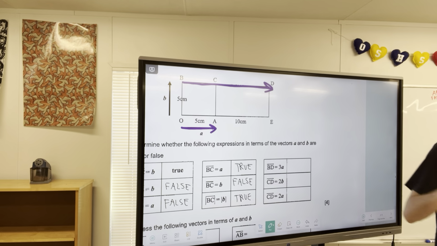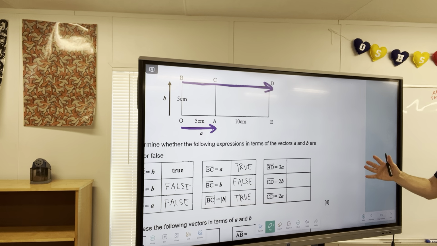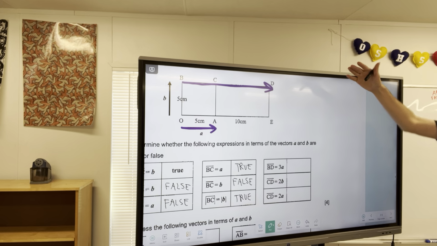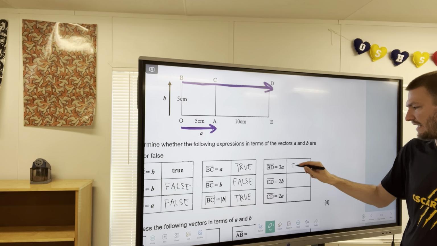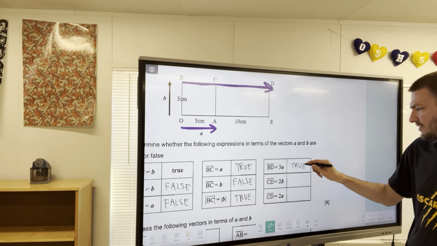Before we even think about the magnitudes, are the directions lined up? Are we good to go? Yes. So we're good. Now, to finish this thought, BD has a magnitude of 15, and 3A is going to have a magnitude of 15. And so this is going to be a true statement.